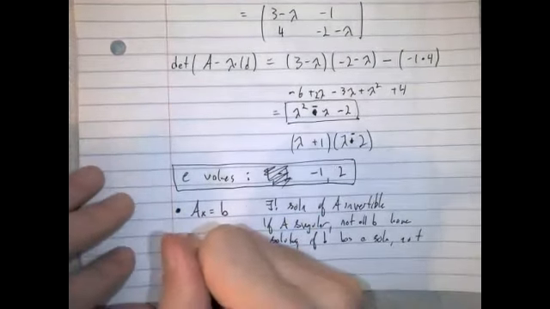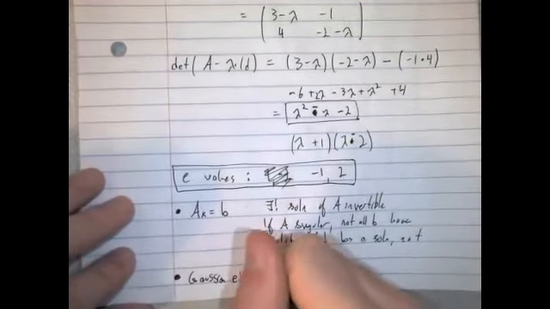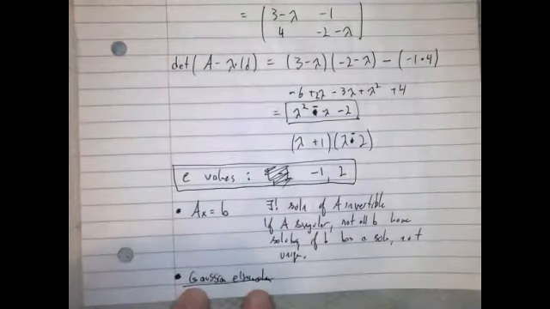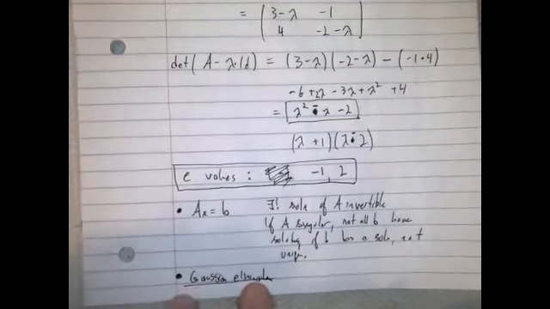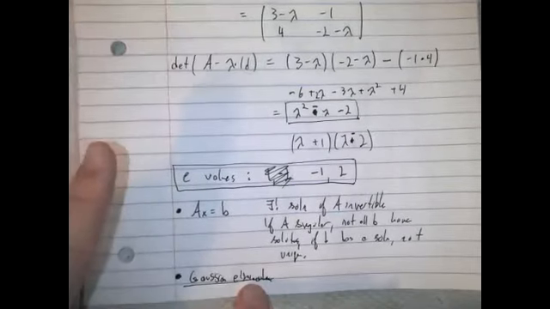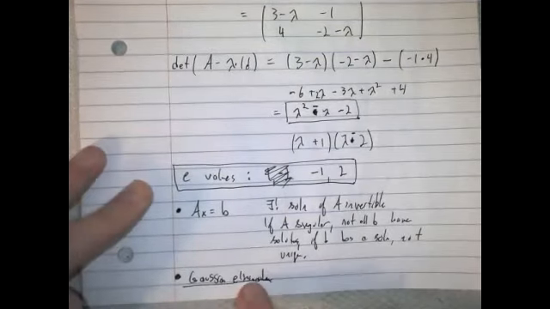The second thing that I want you to remember is Gaussian elimination. So you should practice finding the solutions to linear equations using Gaussian elimination. I did 3 examples, one where A is not singular, and then 2 examples where A is singular.